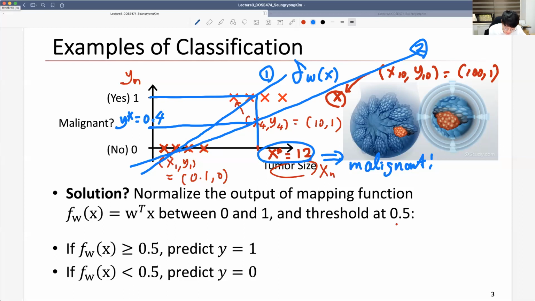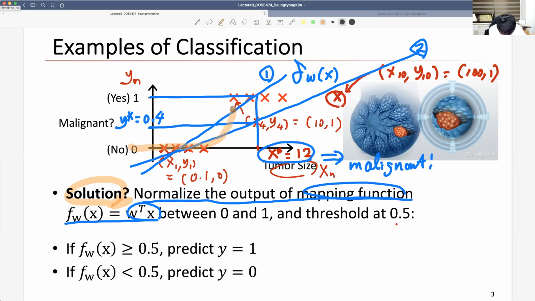That's why we introduced the classification technique. Then, how can we solve this classification problem? Here's our strategy. First of all, we can normalize the output of the mapping function, f_w(x), w transpose x, so something like this, right?